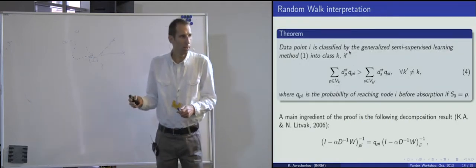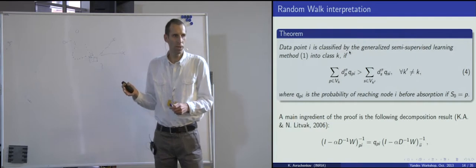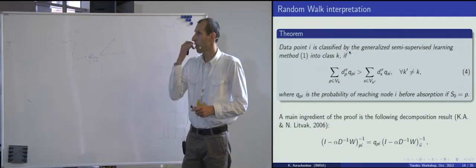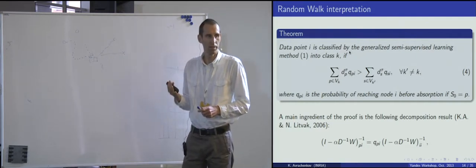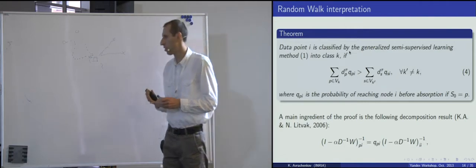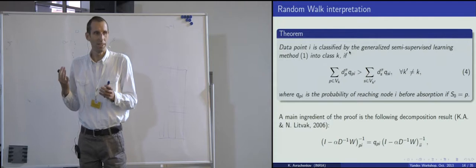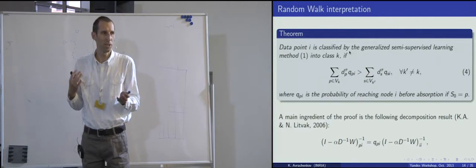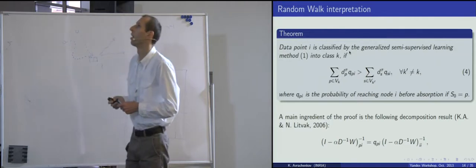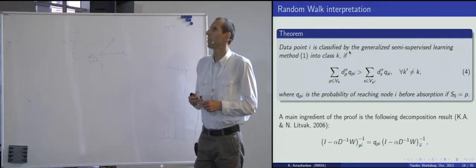So we obtained the following general result, how we decide which method classifies to which class which type of points. The result goes like this.